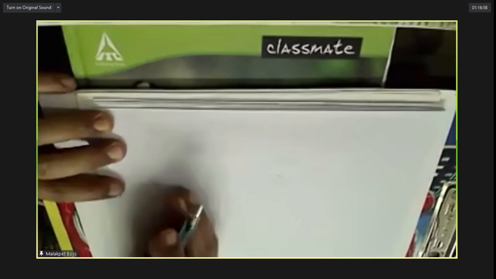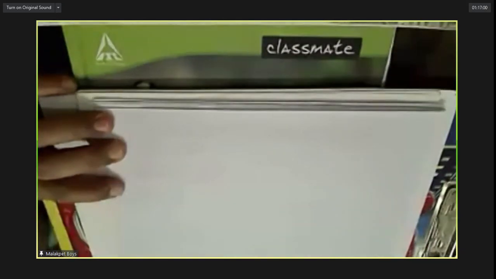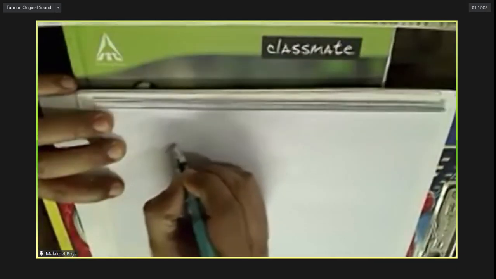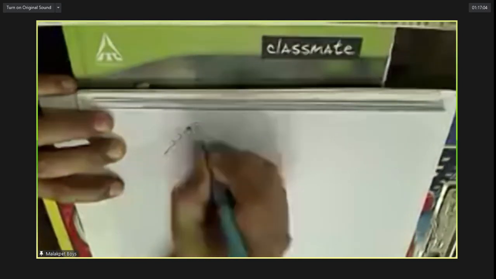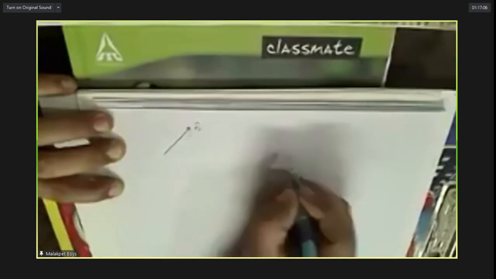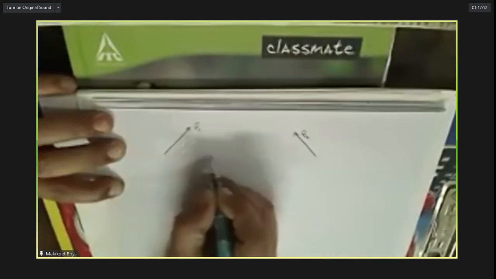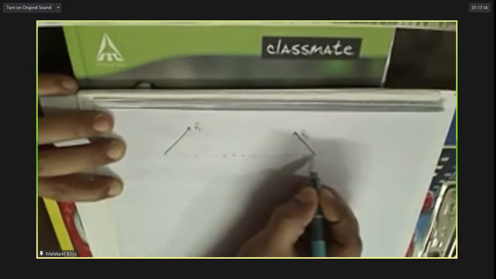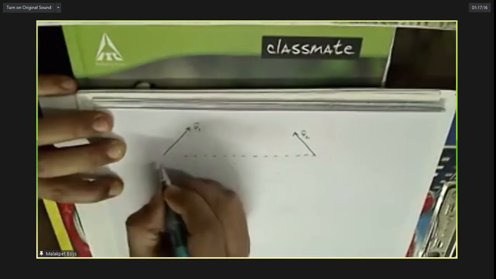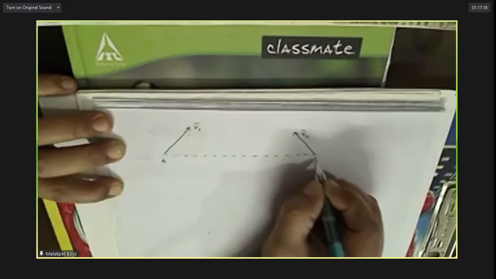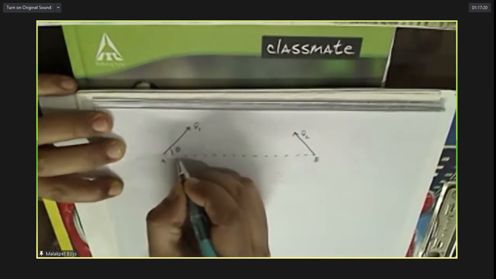Now, suppose we are having two particles moving. One has velocity V1 and the other some V2. There is a line joining the particles. This is A, this is B, this is θ1, this is θ2.